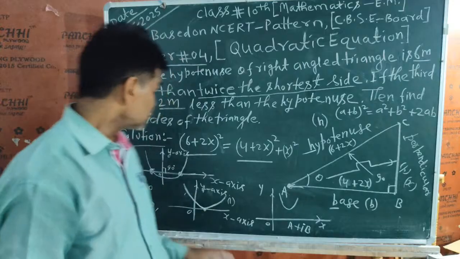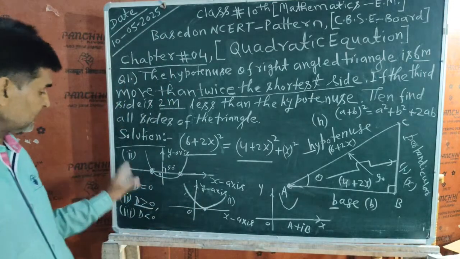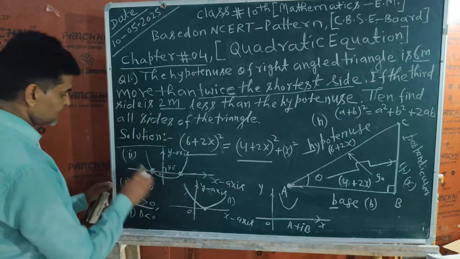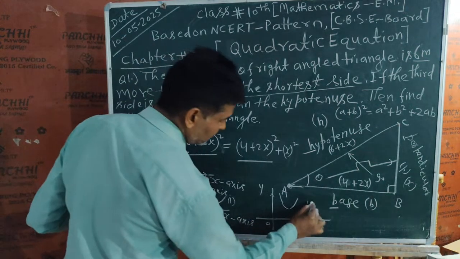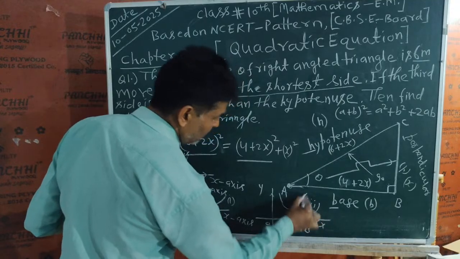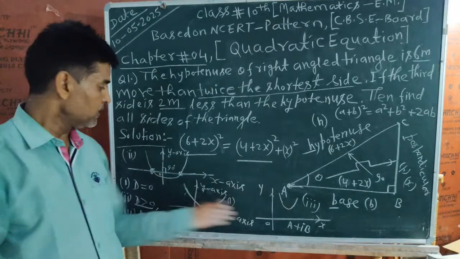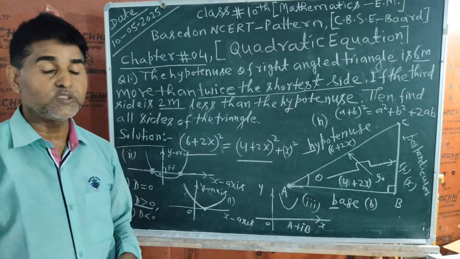Okay students, so in a quadratic equation there are 3 types, and all these 3 types I have described here. So this is the first, this is the second, and this is the third case of the quadratic equation. These are the visual information of the quadratic equation.